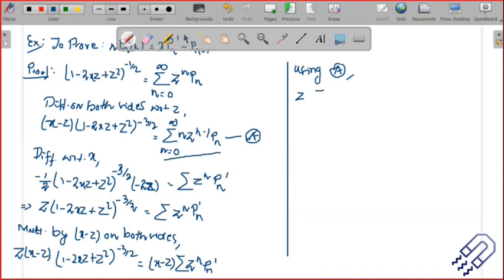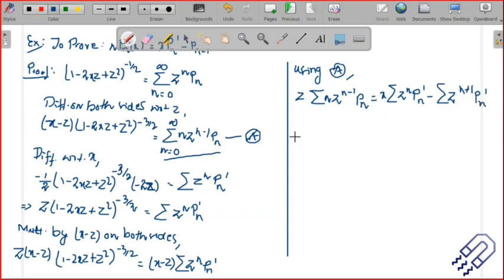So I can write it down as summation n z to the power n minus 1 pn is equal to, I will just separate it out. I'll take two terms here, x summation z to the power n pn dash minus, now this can be written as z to the power n plus 1 because it is multiplied with z. So this is pn dash, that's it.